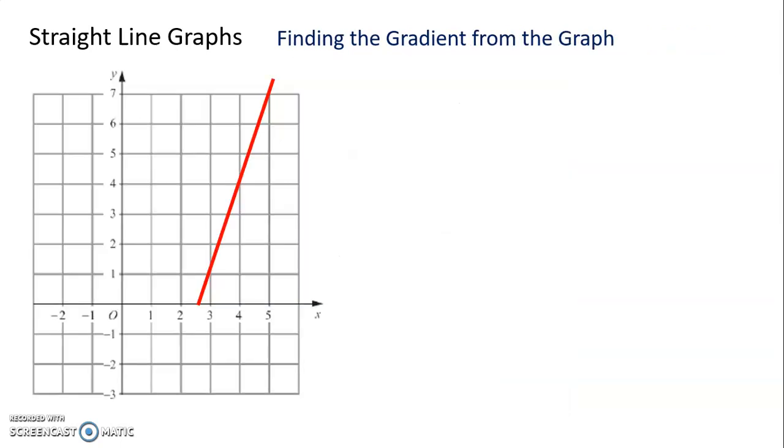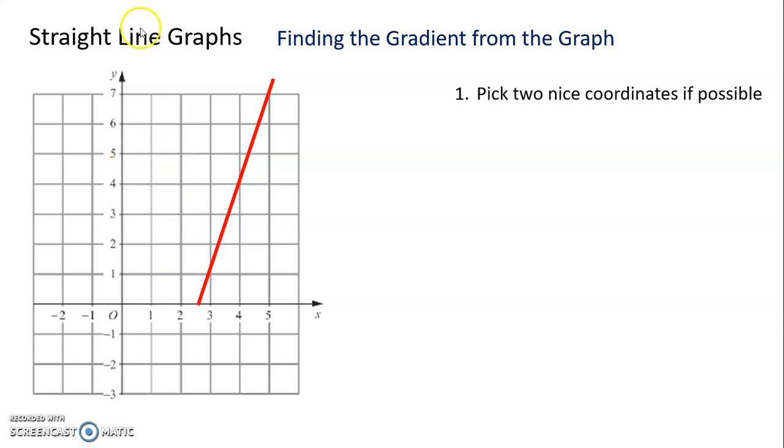Okay, so we're going to develop our understanding of gradients today by actually working out the gradient of a line from the graph. We've got a nice example on the screen here, and I'm going to take you through it step by step, and then you're going to have a go. So the first step is, if you can, pick 2 nice coordinates.